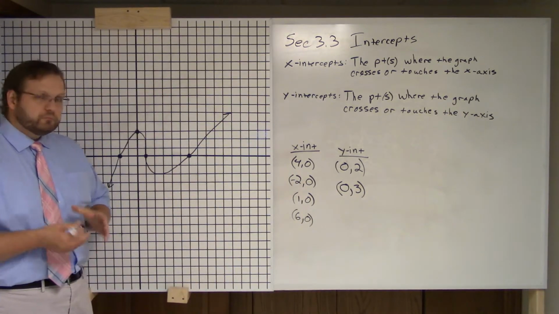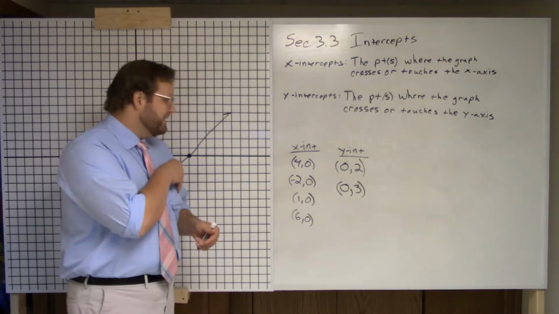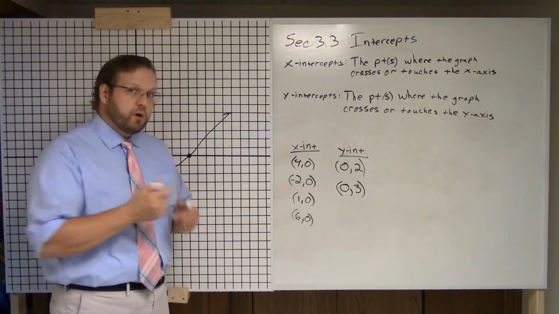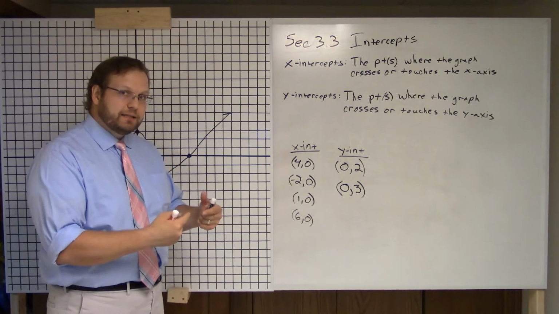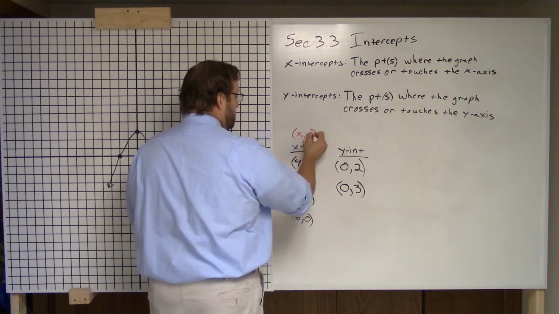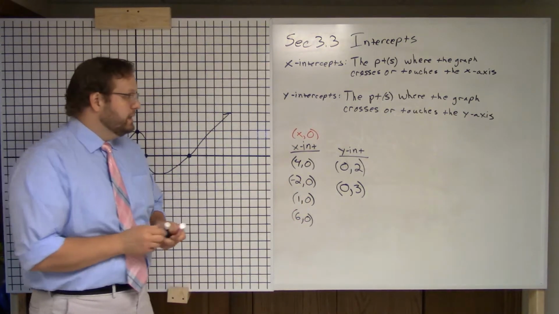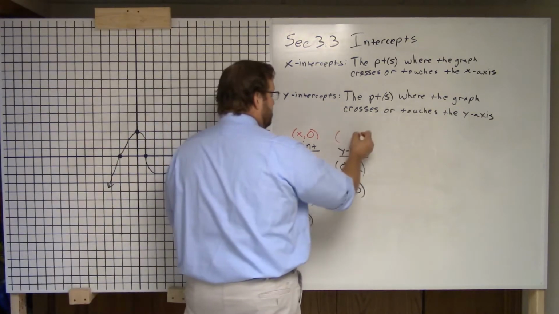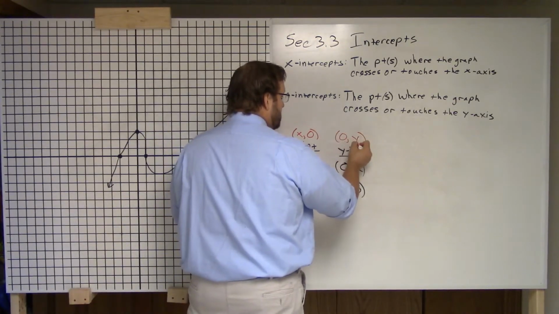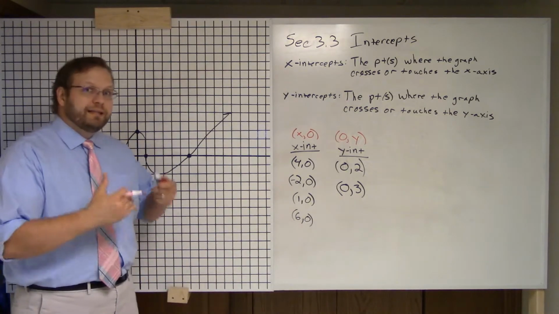Now, what is the consistency? Whenever I have an X-intercept, for a point to be on the X-axis, you have to have some X-coordinate, but a 0 for the Y-coordinate. Same thing with the Y-intercept, except 0 for the X, and then some unknown number for the Y. That will never change.